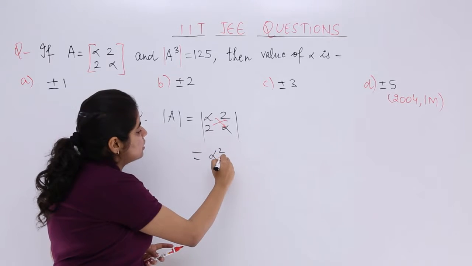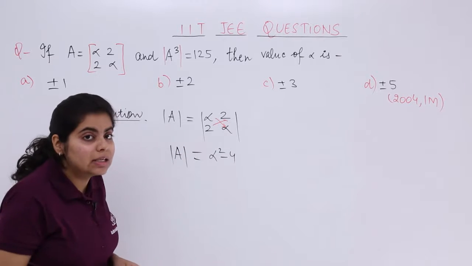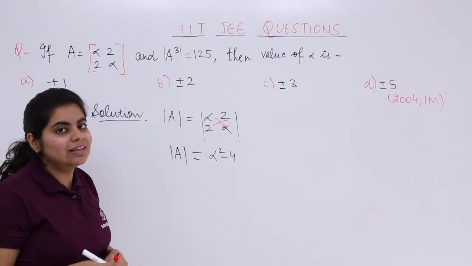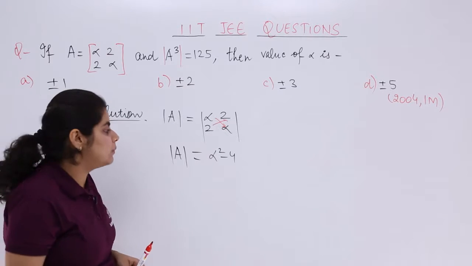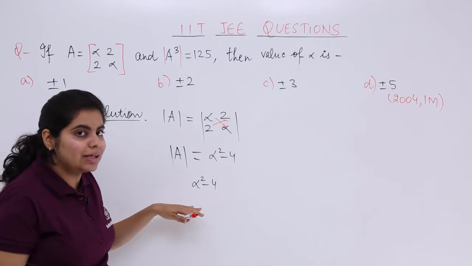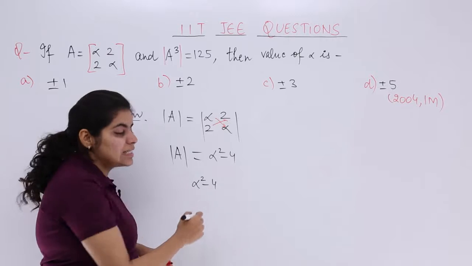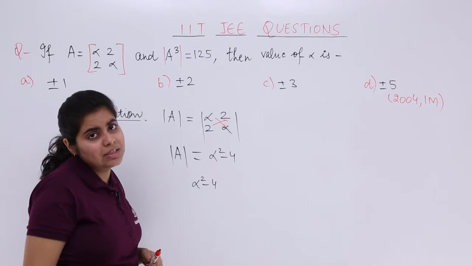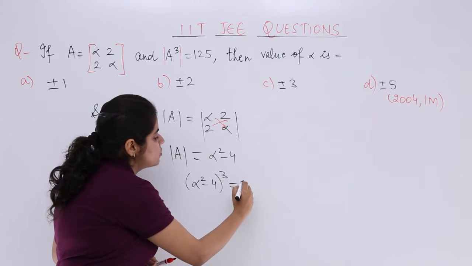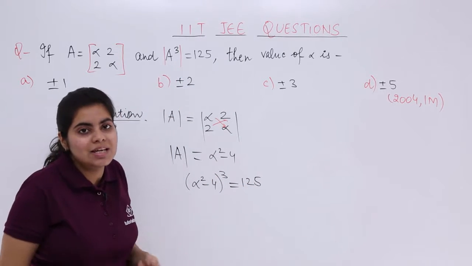So it is alpha square minus 4, which is det A. But the question doesn't give you data regarding det A, rather det A cube. So you think that alpha square minus 4 is det A, but actually the cube of it is given to you, so the whole cube has to be equal to 125, that is what the question says.